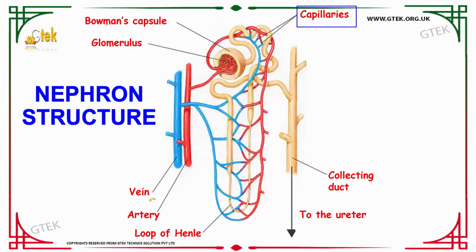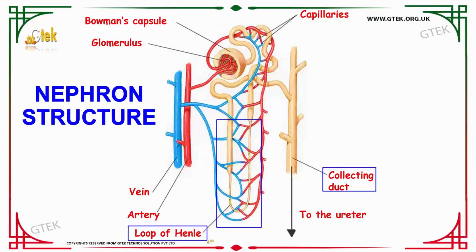Your pure blood, which is there for filtration, is in your artery. The filtered blood enters the vein. And here you can see the collecting duct to which your nephron is connected. So the loop over here is known as the loop of Henle. Your collecting duct enters into the ureter.